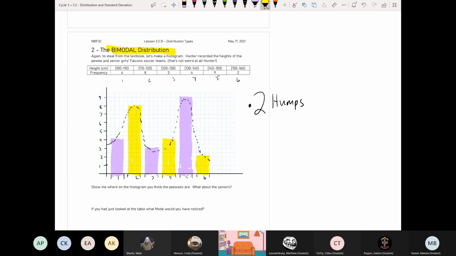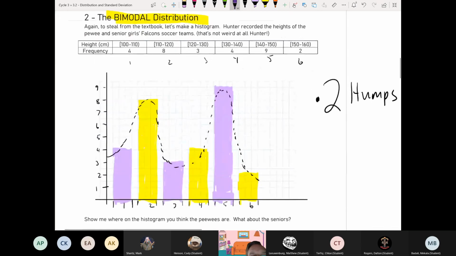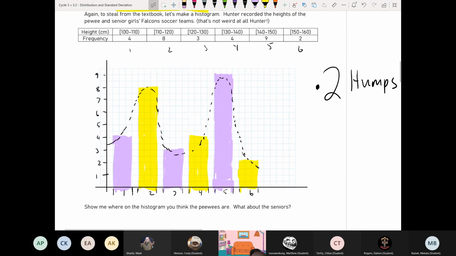So where on the histogram do we think the peewees are? What about the seniors, right? So if this was a senior girls soccer team, right? So again, we are recording the heights of peewee and senior girls soccer teams, and we could see which one is going to be the peewee and which one's going to be the seniors.